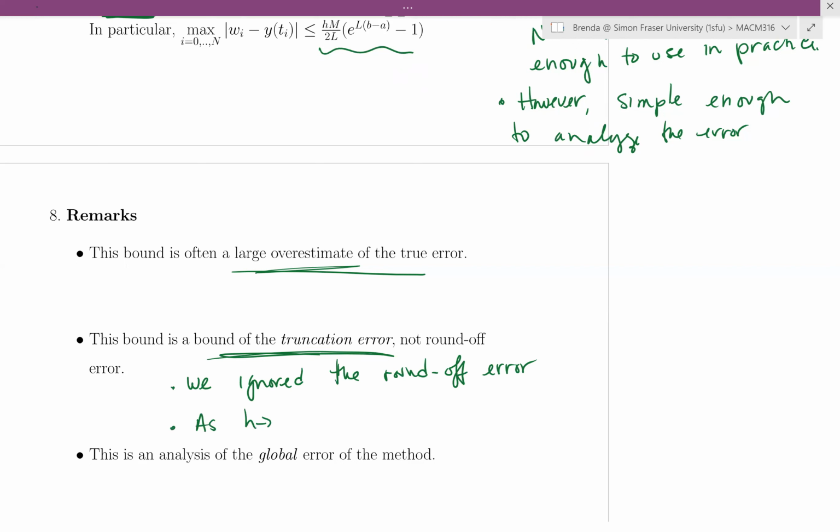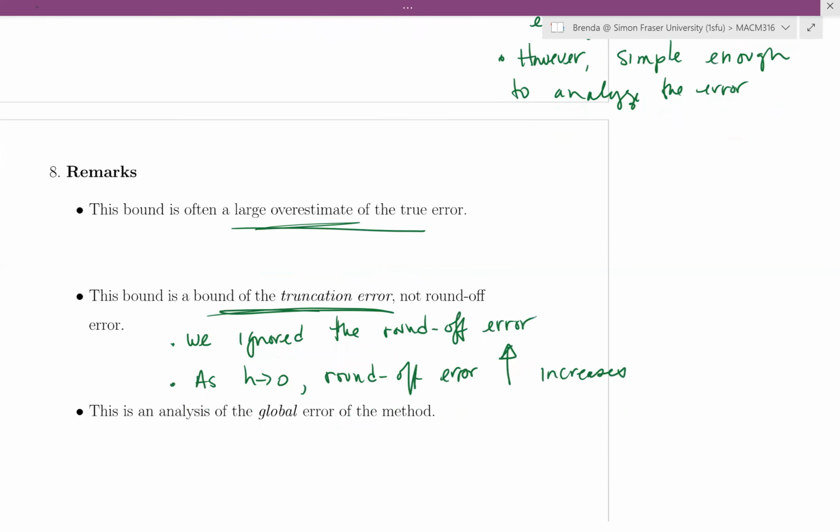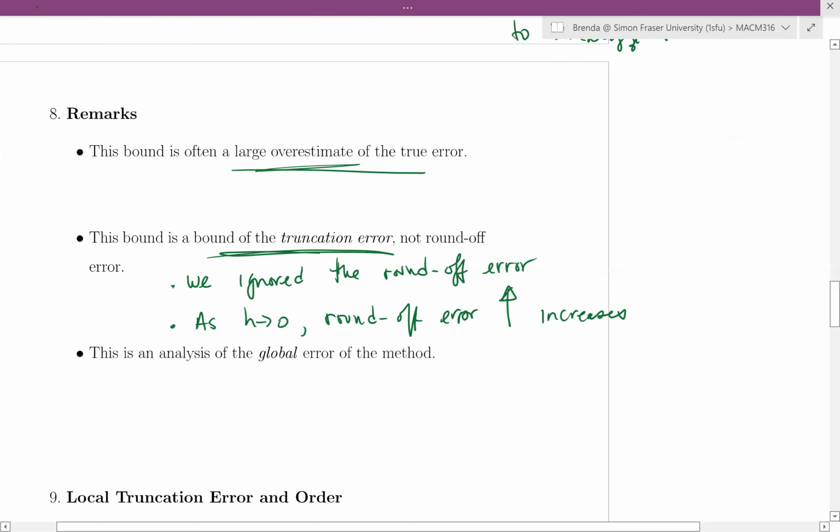As h goes to zero, round off error increases. This is because of the formula we use for numeric differentiation. We sort of left that aside because the situation is a little bit more complicated. There's some talk about that in the session.